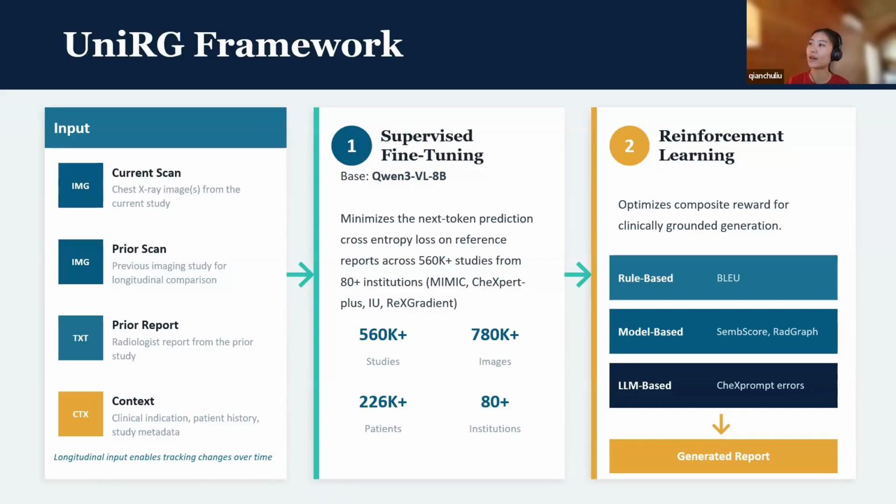So here I have listed a bunch of metrics, including rule-based, model-based, LLM-based, and together we have this composite reward score that we hope will steer the model output to generate clinically useful reports. I'll go into details of the reward composite.